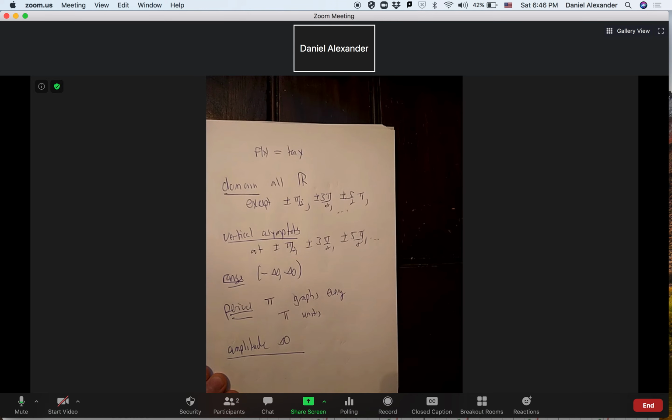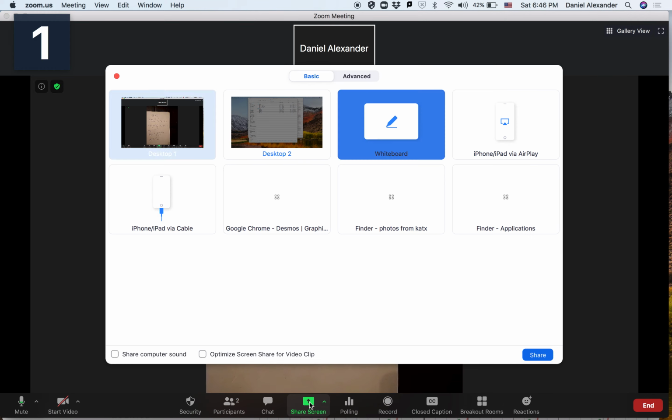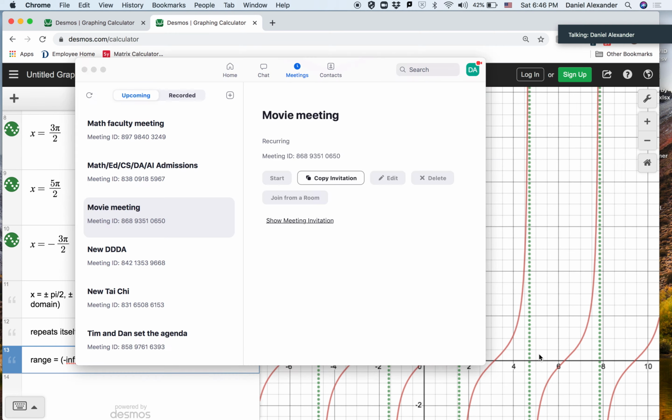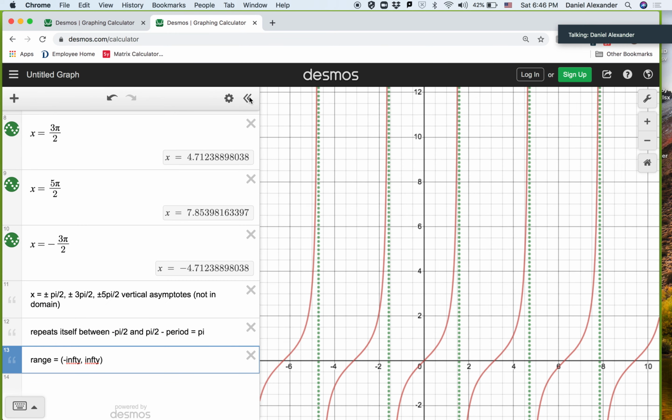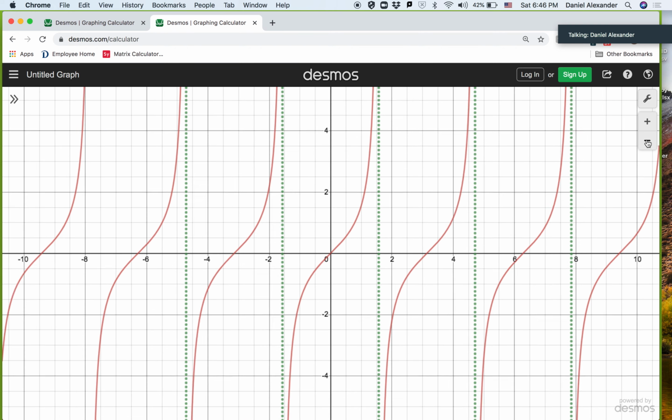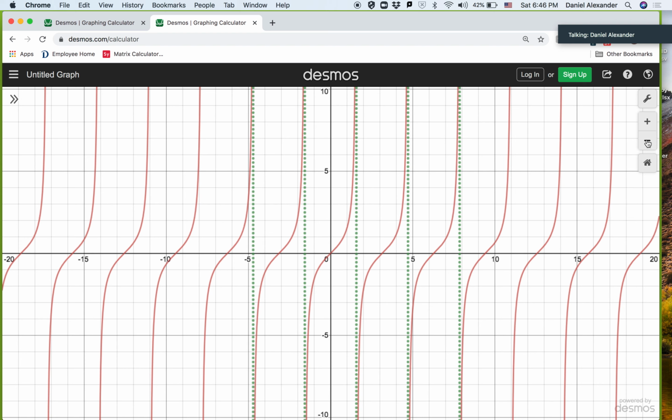Okay, so that's our tangent. I'm going to take one more look at the graph. So we'll do one more screen share, and I'm going to say a couple more things, and that'll be it. So let's look at that. Again, let's pan out a little bit. Let's get it so it's centered. The domain is all real numbers except for the vertical asymptotes.